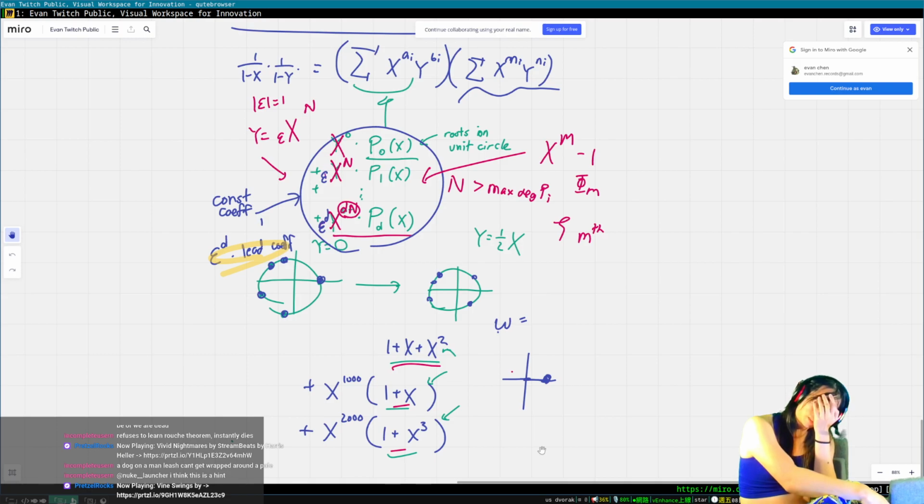God damn, what am I missing? What does it tell you if all the complex roots have absolute value at least 1? I just don't think so.